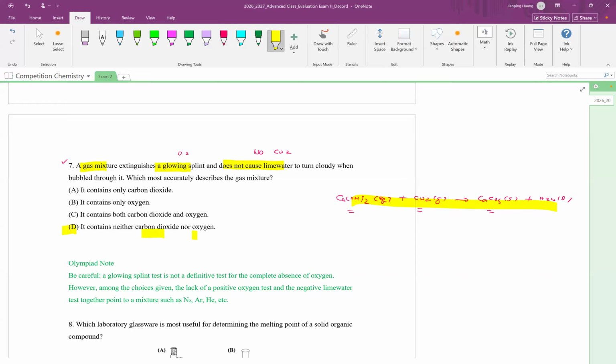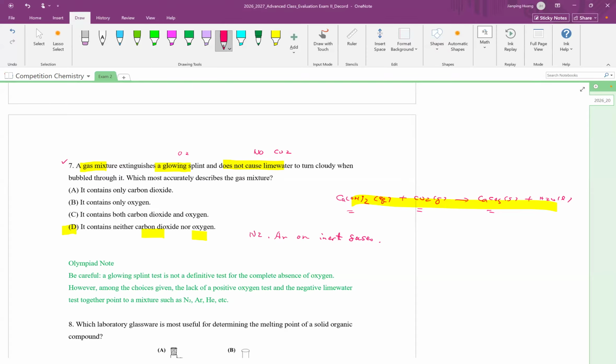No carbon dioxide, no oxygen. And very likely what? Very likely it will be nitrogen. That's a common one. Or maybe if very rich, you can use argon or other inert gases based on the property here.